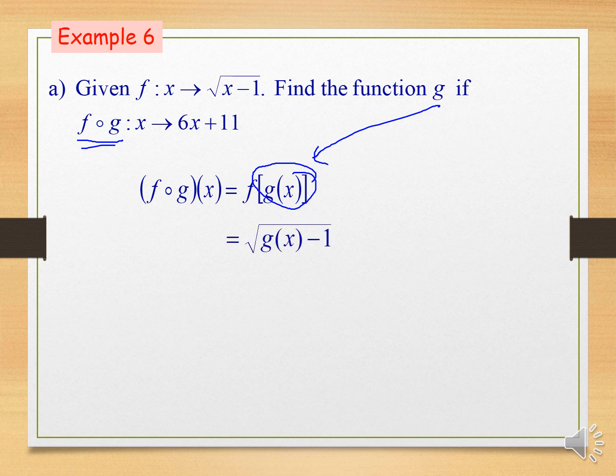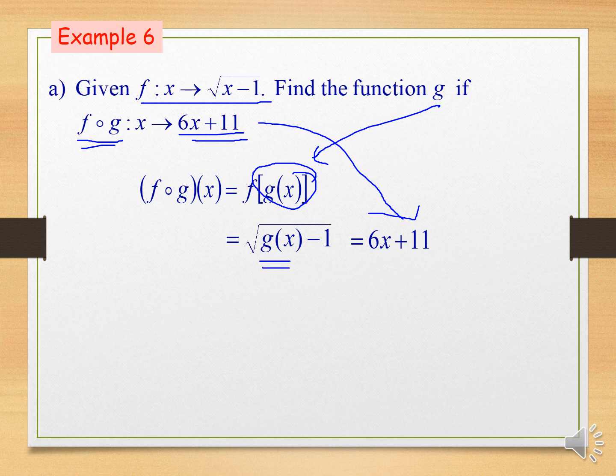What else that we have? We have the function f(x) equals square root of x minus 1. Therefore, f(g(x)) equals square root of g(x) minus 1. And from the question, we get f(g(x)) equals 6x plus 11. Let g(x) as the subject.